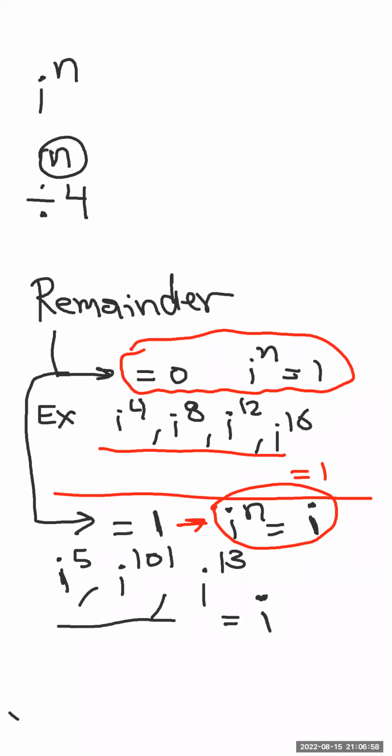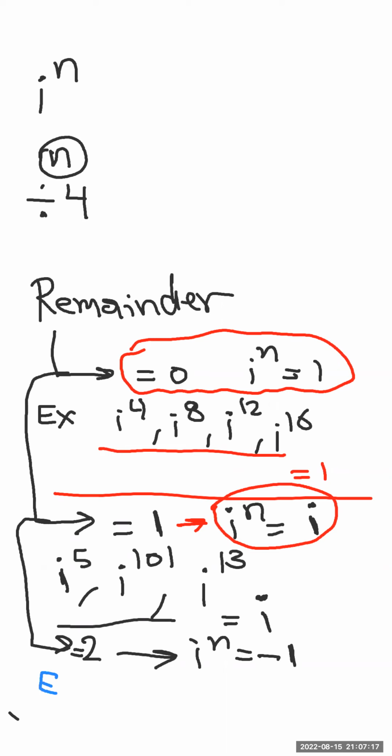Okay, great. So now the next point: if the remainder equals 2, this means i to the power n will equal -1. For example, i to the power 6.